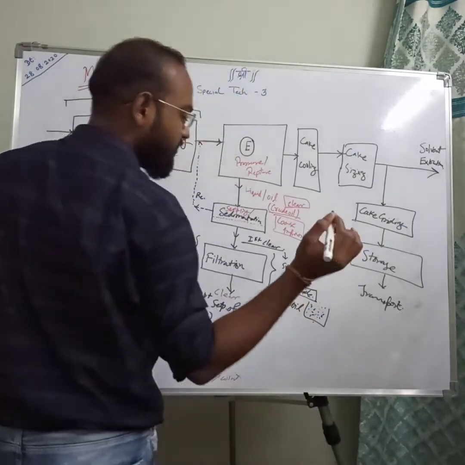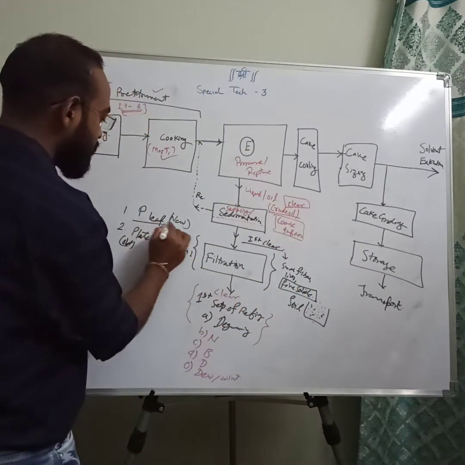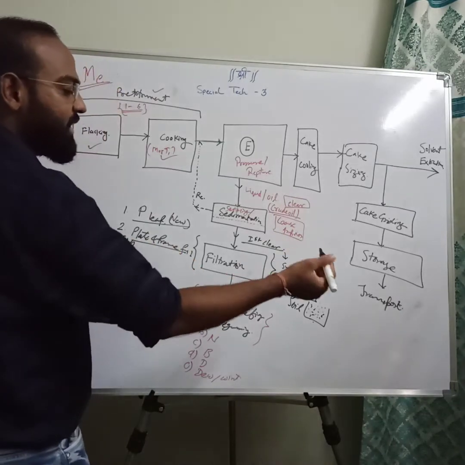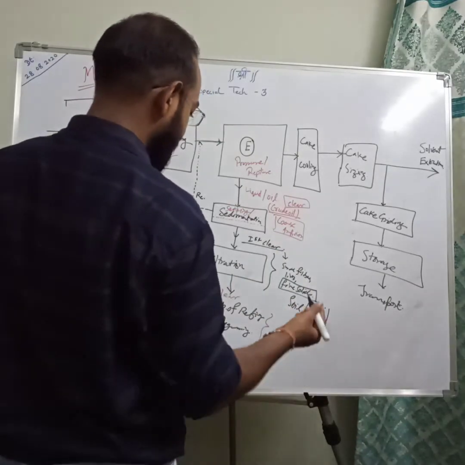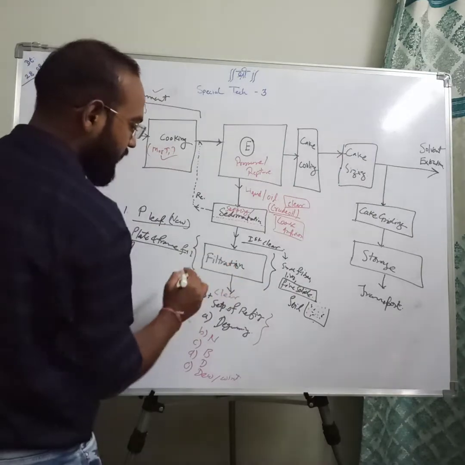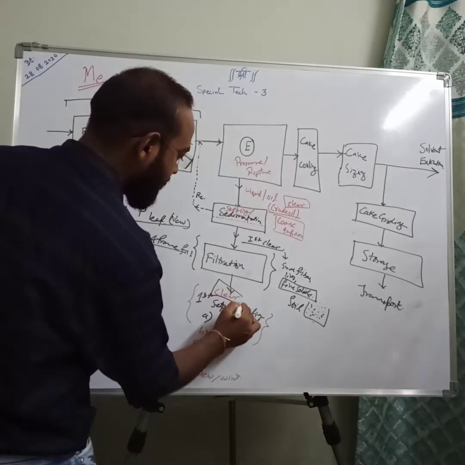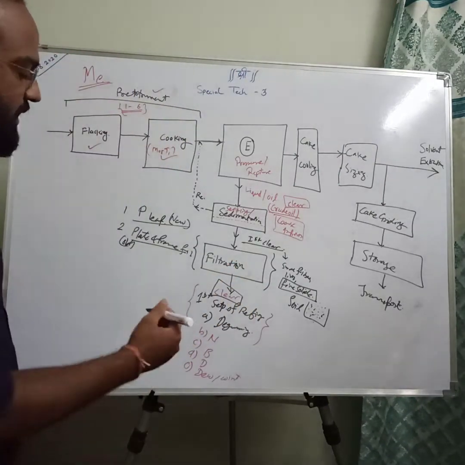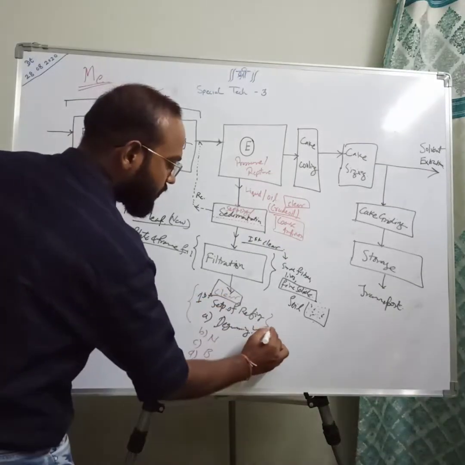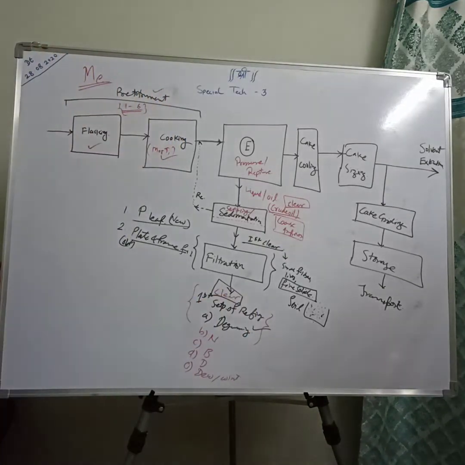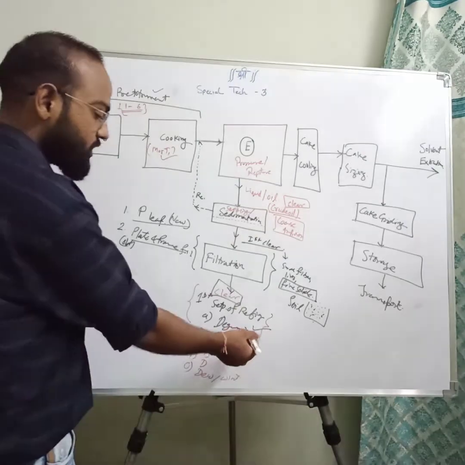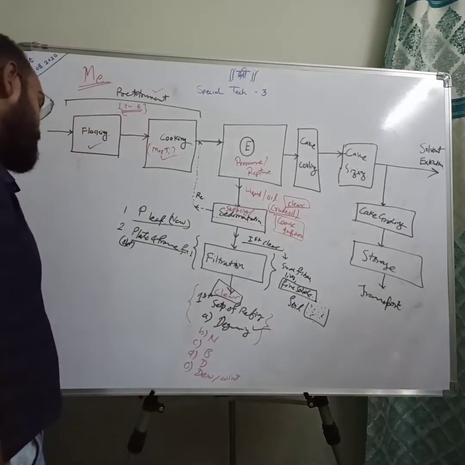So these fine solids will be removed in filtration by means of pressure leaf or plate and frame, and there are n number of different impurities. They will be removed in this filtration operation, and finally we will get a clear oil, and this clear oil is sent for refining, and the first stage of our refining is the degumming operation.